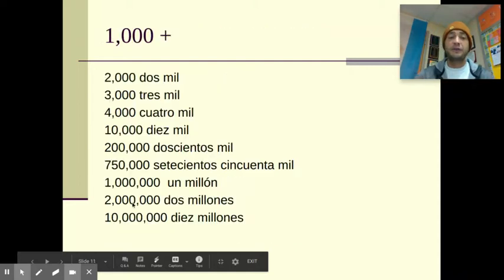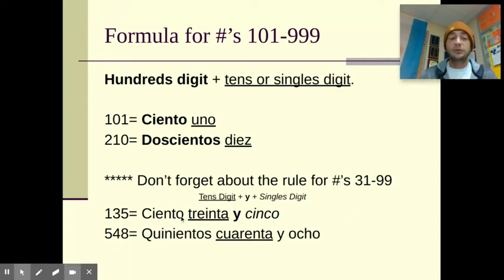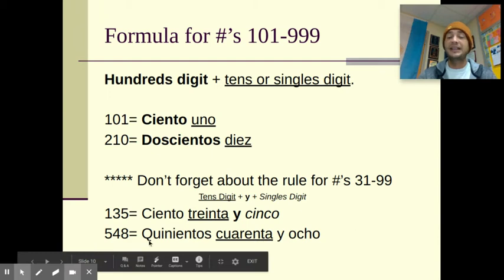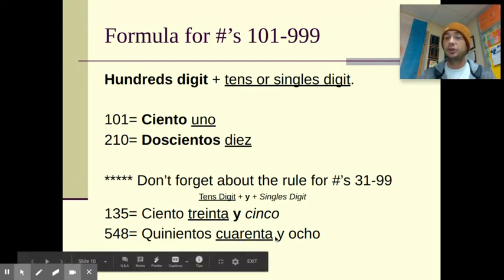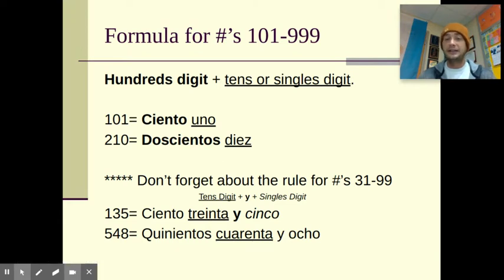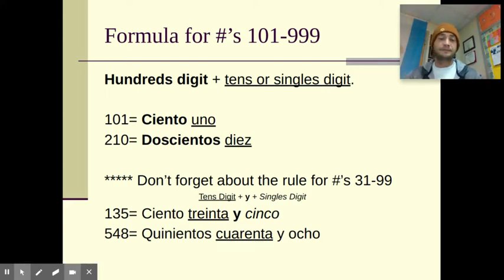So your total answer for 135 is ciento treinta y cinco. All right, I'm going to give you one more example of this where 548 becomes 500, quinientos, which is the 500. And then we just have 40, cuarenta, y ocho. So 500, 40 and 8. Take a minute, take some notes down on this, as once again, we're adding on to those rules from 31 through 99.